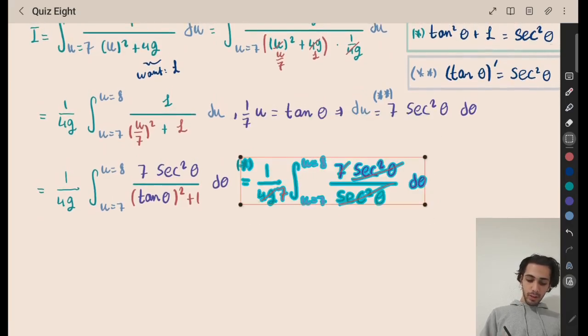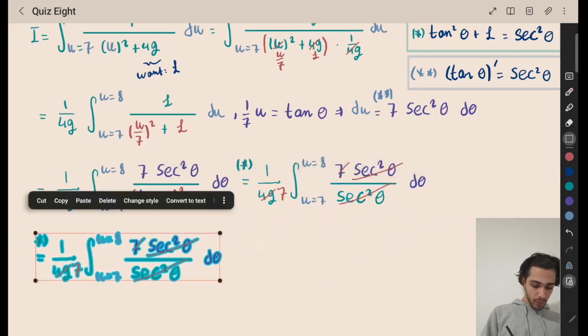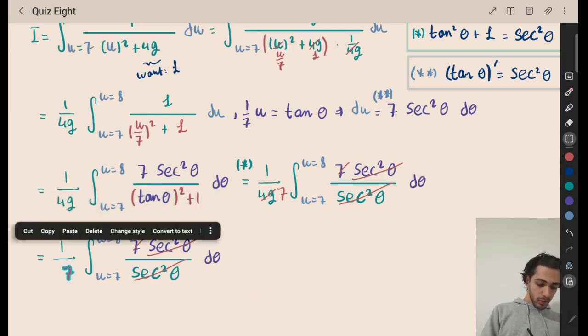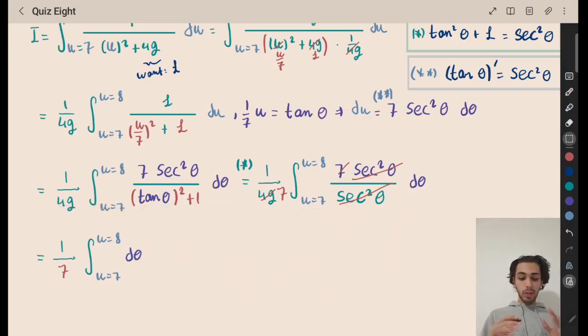Then this is equal to 1 over 7 on the outside, and then here I just have d theta. I will leave the boundaries as they are just for the time being, and then I'll get, so if I integrate something d theta, it's just 1.